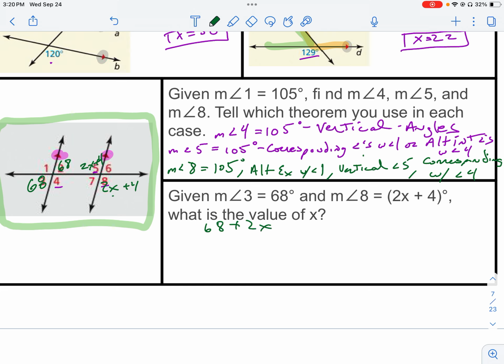So 68 plus 2x plus 4 equals 180 because our consecutive interior angles right here, they look like goalposts, are supplementary. So now all I gotta do is combine my like terms.